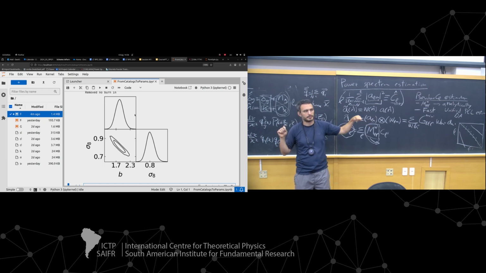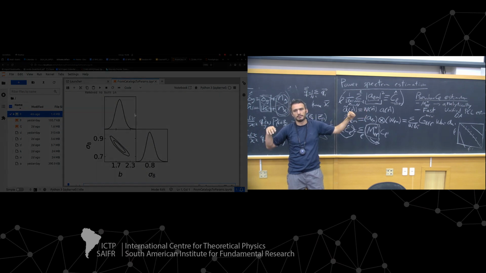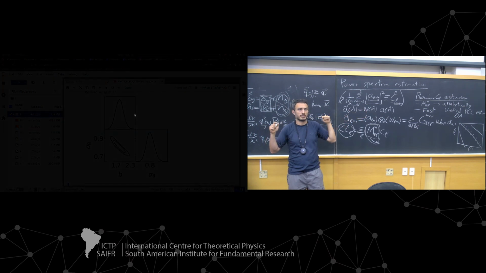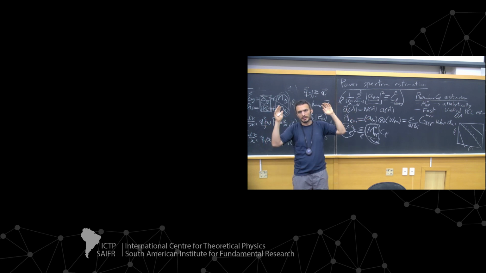What you see is that if you assume that your covariance matrix depends on parameters, then the Fisher matrix is actually more informative than the original map level likelihood. And that cannot be, because the map level likelihood already contained all the information. So you can see that both converge to the same Fisher matrix if you assume that the covariance matrix is parameter independent and evaluated at the true cosmology, basically.